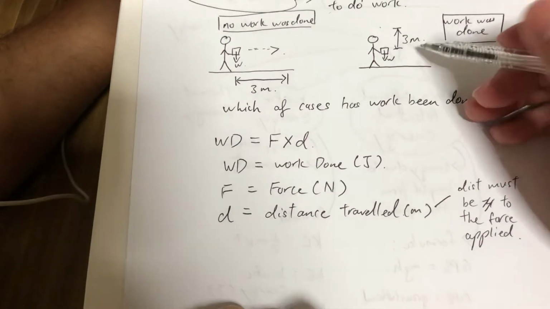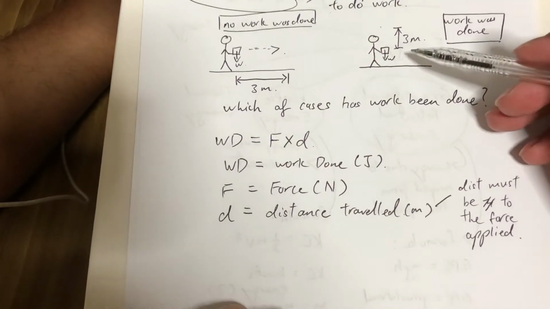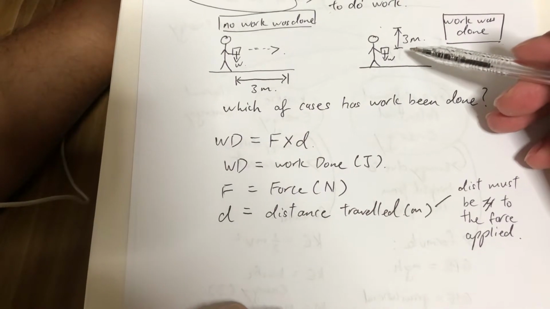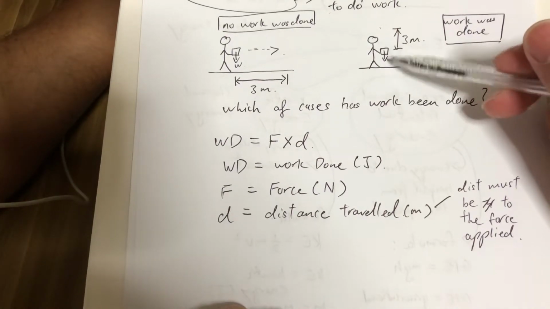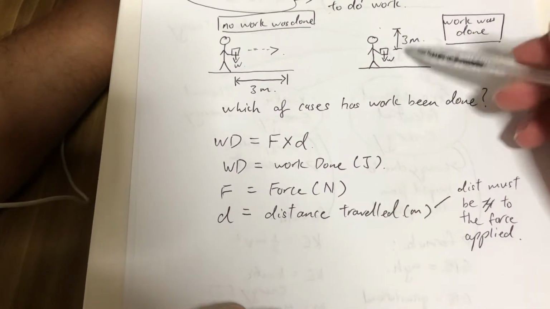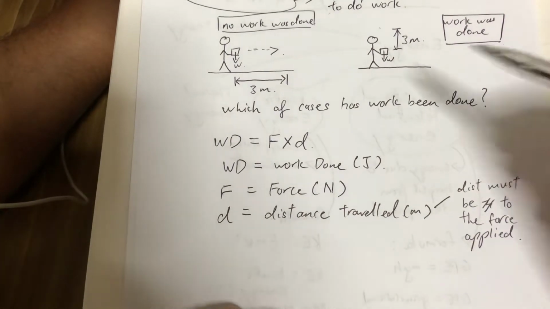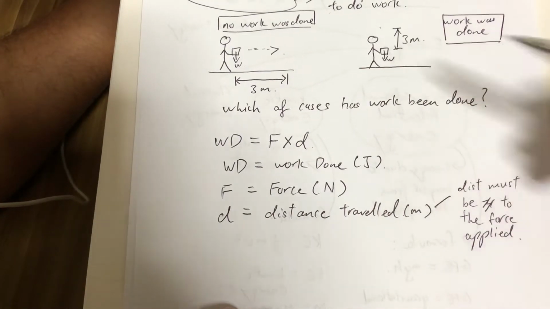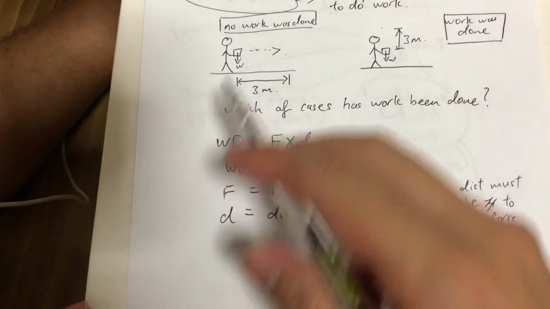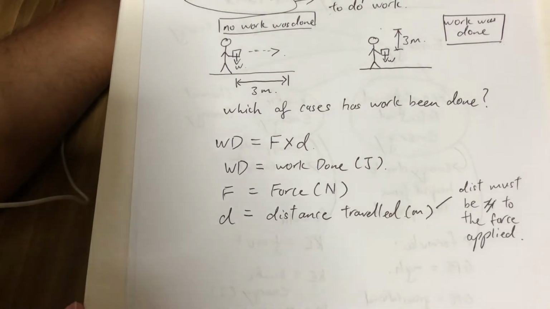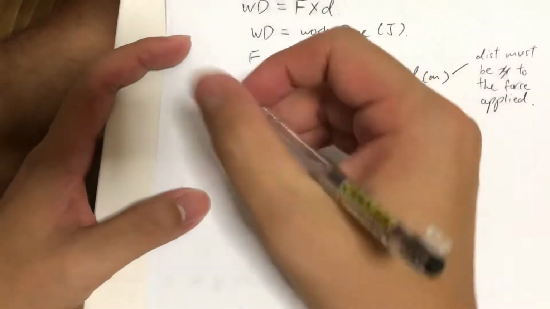But in the second situation, the force is pointing down, but the box is traveling upwards. The force and the distance are parallel to each other, even though they're opposite in direction, and this would mean that work is actually done. I hope you understand this simple analogy. So let's try out something over here.